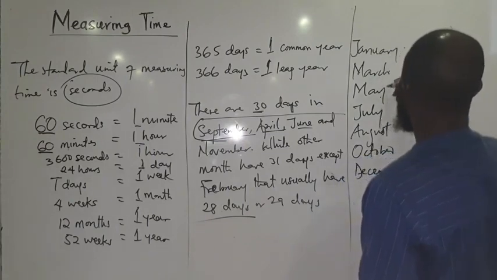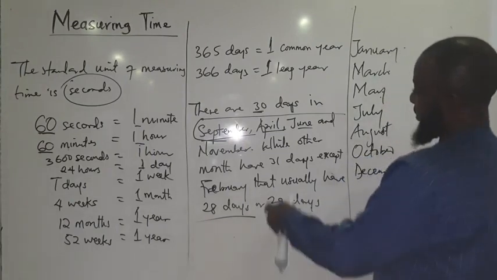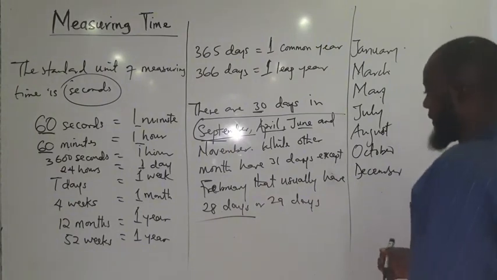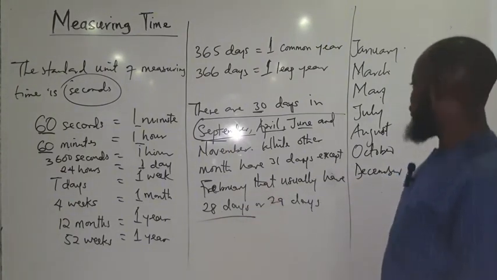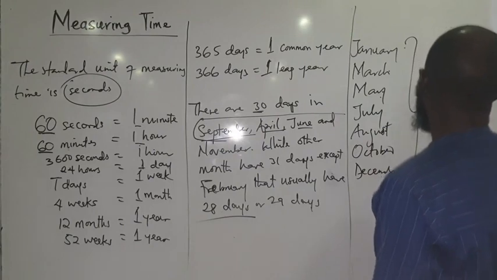So 1, 2, 3, 4, 5, 6, 7. 7 plus 4, that is 11, plus February, making 12.